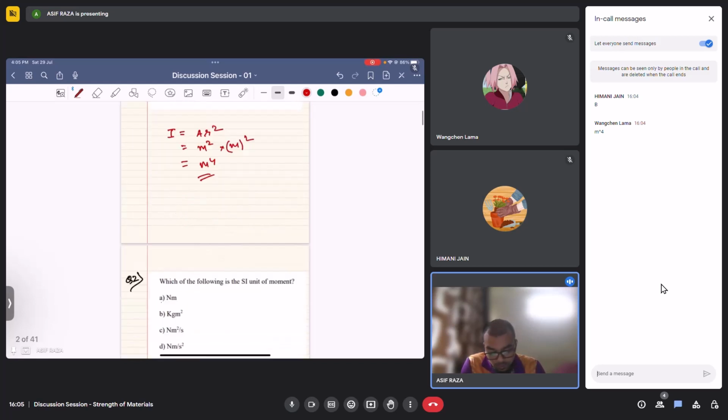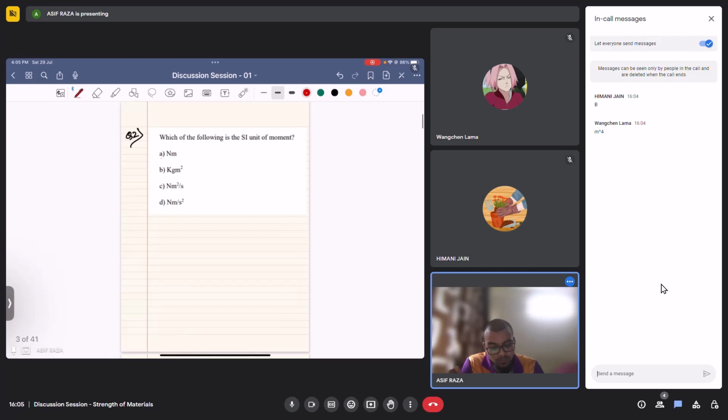Now let's move on to the next question. Which of the following is the SI unit of moment? Option A is Newton meter, option B is kg meter square, option C is Newton meter square per second, option D is Newton meter per second square. So everyone has said option A. Yes.